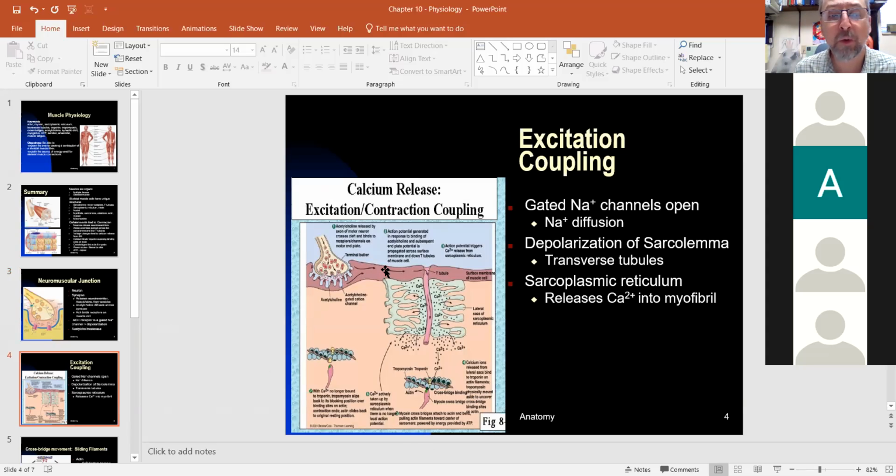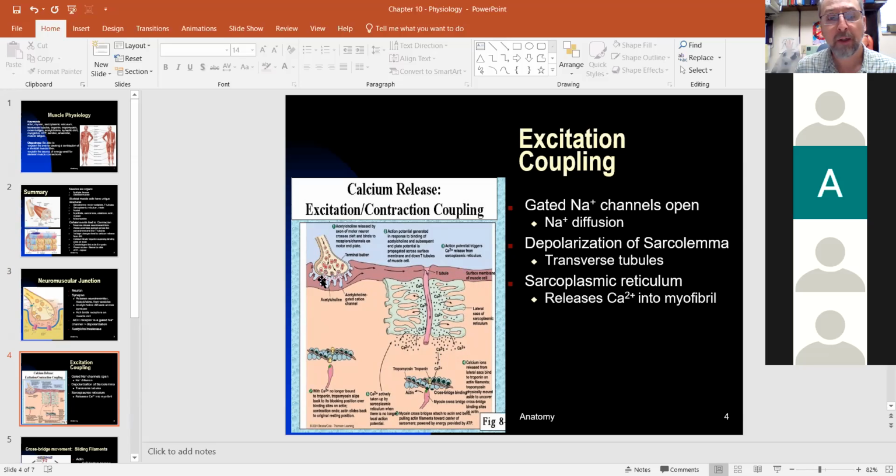This is the change in sodium pores that spreads across the surface of the muscle cell membrane. It's also going to dip down into the transverse tubules, or T tubules. And when it gets near the sarcoplasmic reticulum, it causes it to release calcium.